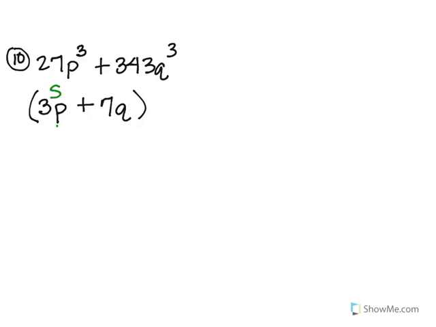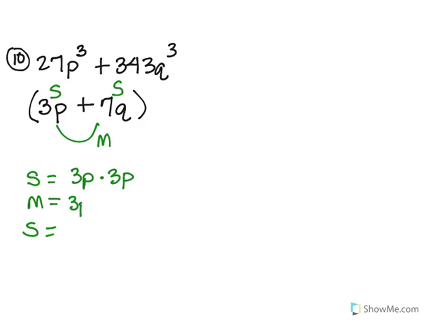And then we're going to do square, multiply, square. And what that means is you're going to take the first term, which is 3p, and you're going to multiply it times itself. Multiply means you're going to take the first term and the second term and multiply them.